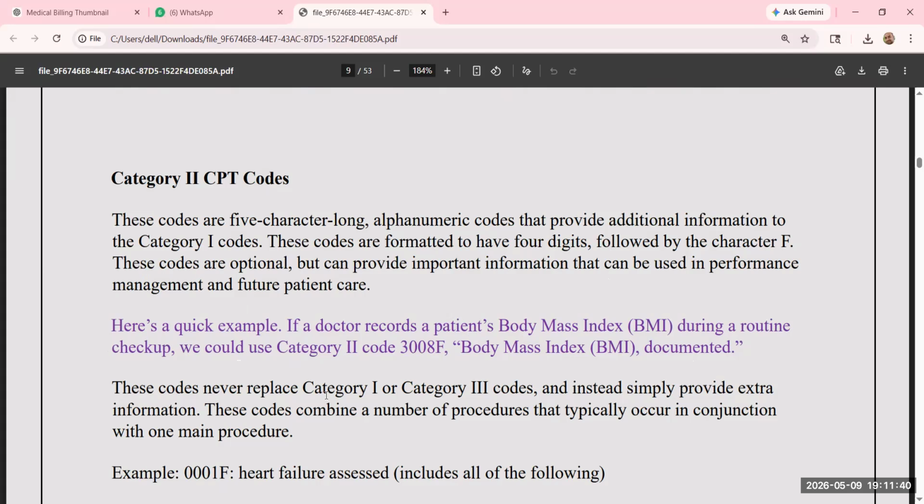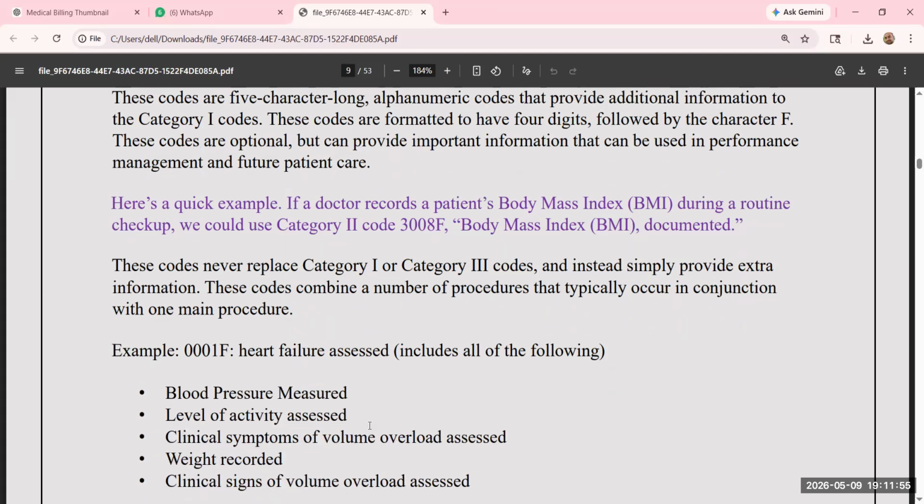These codes never replace category 1 or category 3 codes, and instead simply provide extra information. These codes are combined from a number of procedures that typically occur in conjunction with one main procedure.